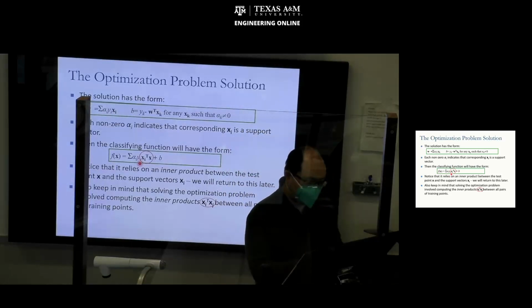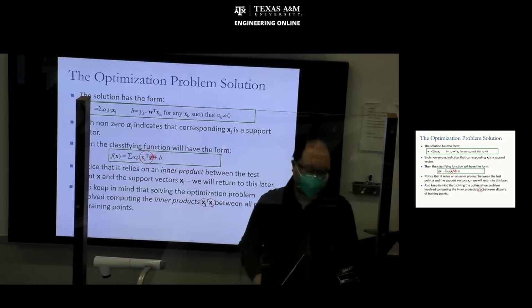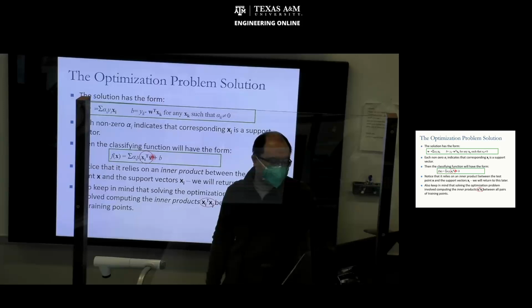We notice that it's the inner product between the example xi and the test vector x. Okay? Does this ring a bell?